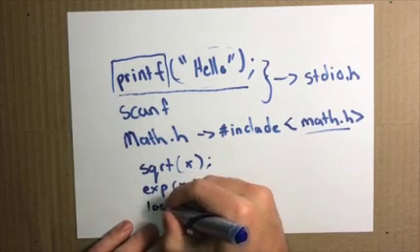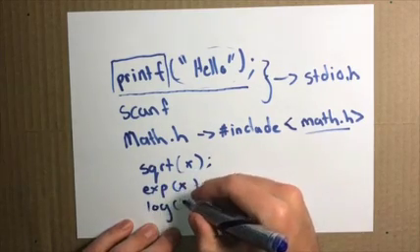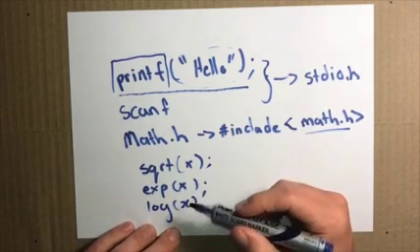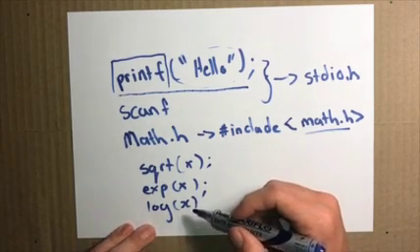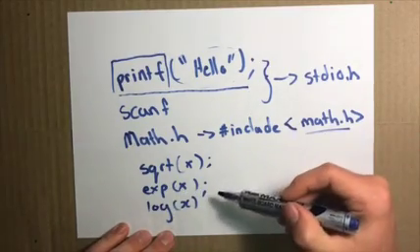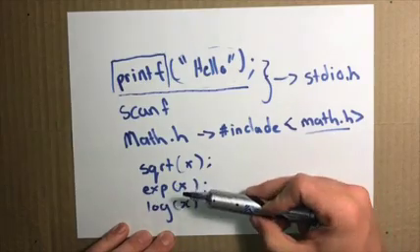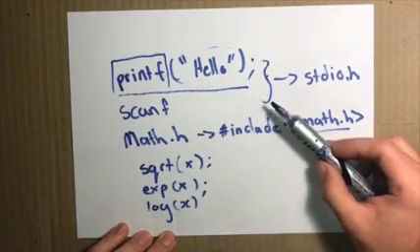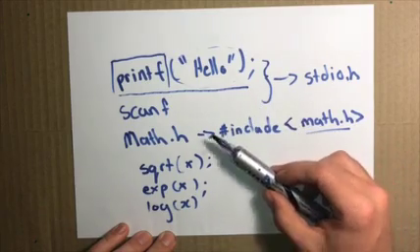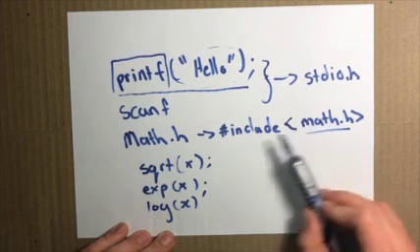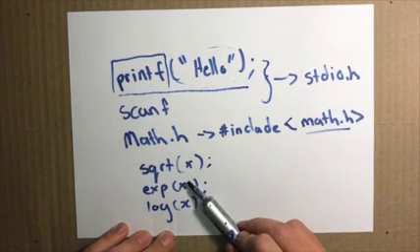There's logarithmic functions that will determine the logarithmic value of x, and so forth. So it's quite useful to use this library inside our main program, because we don't want to reinvent everything from scratch again and again. We just want to use what's already been invented inside our new program.